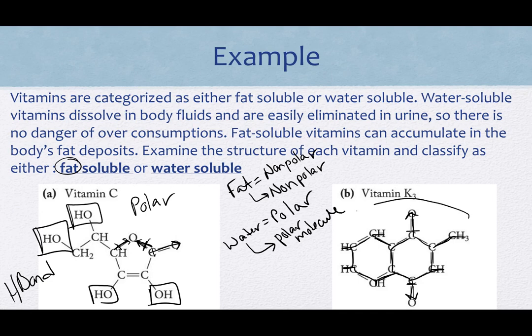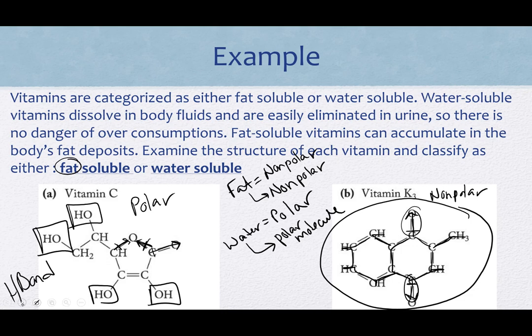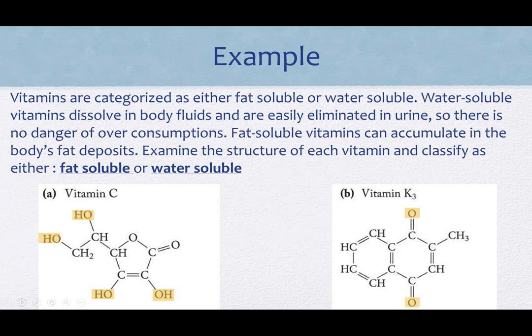But if you look at the size of this molecule and these two little areas, this is a pretty nonpolar molecule. So looking at these two, what I see is a very polar vitamin C, a relatively nonpolar vitamin K. So I would say that this one is probably fat soluble and this one is probably water soluble. And that is the case.